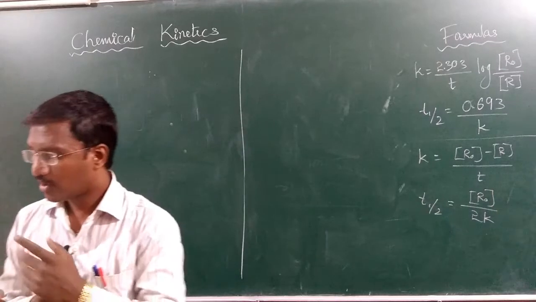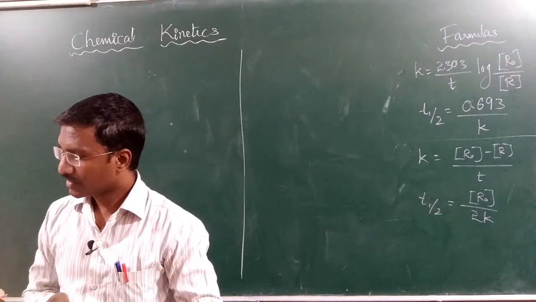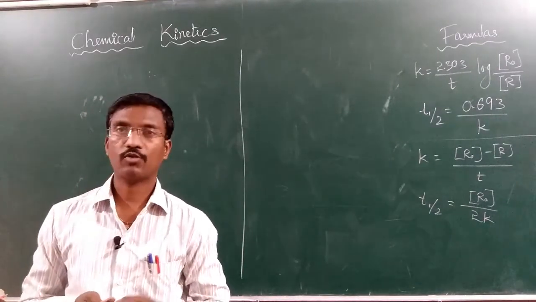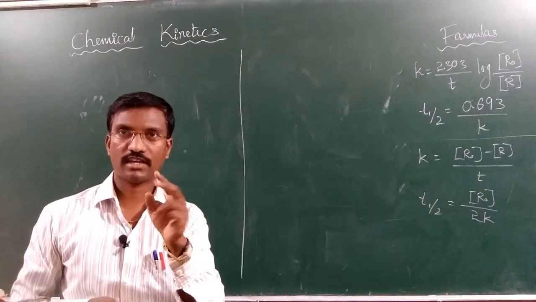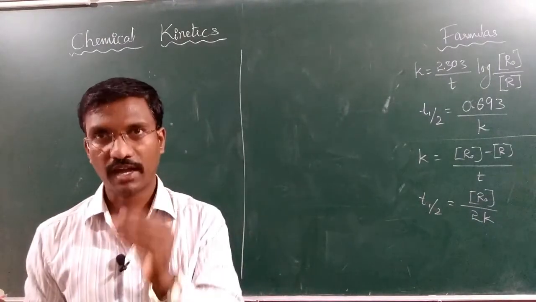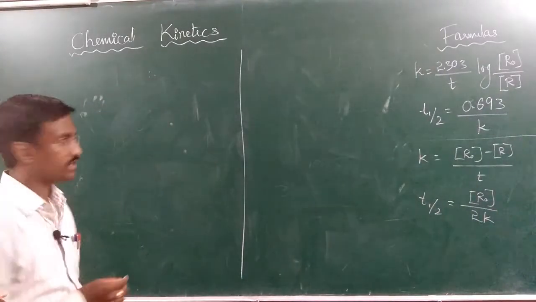Okay. They have given the time, and they have also given the rate constant. So using all these, you have to calculate R and R naught. They are the two terms. R naught is the initial concentration, R is the concentration at some time. So in this reaction, they have given you the initial concentration.